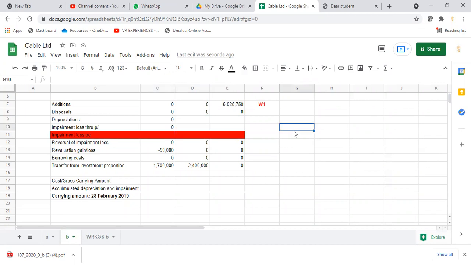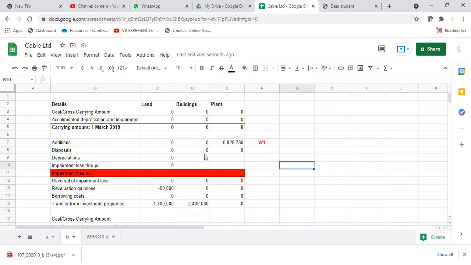So all we still need to work out are these two numbers. I'm going to work out the depreciation on buildings.